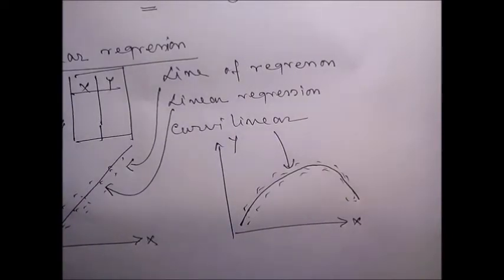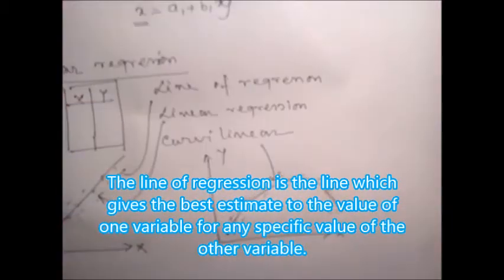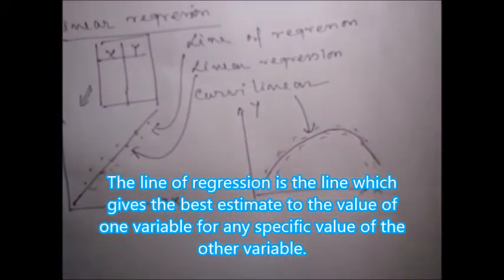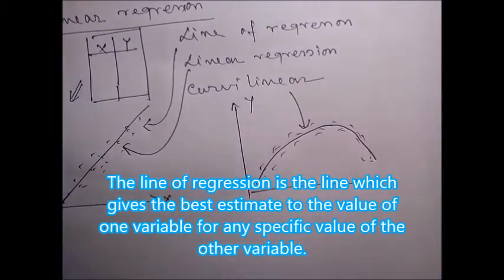Now, the line of regression is the line which gives the best estimate to the value of one variable for any specific value of the other variable. Okay, so prediction is possible.